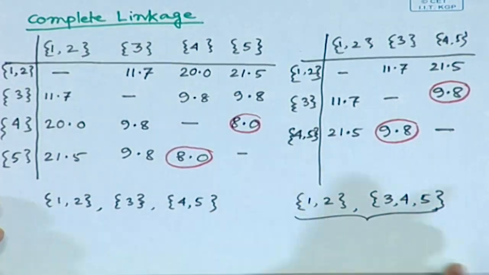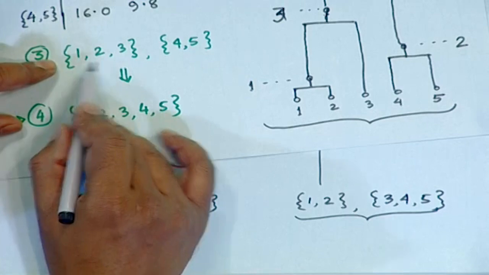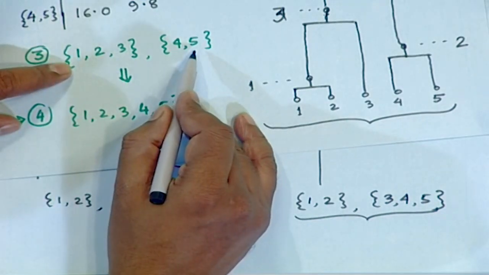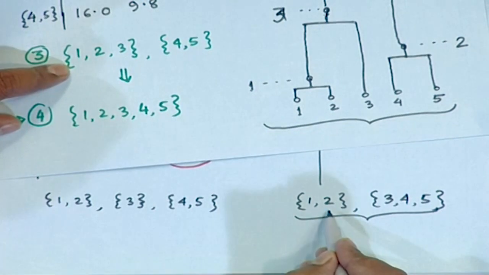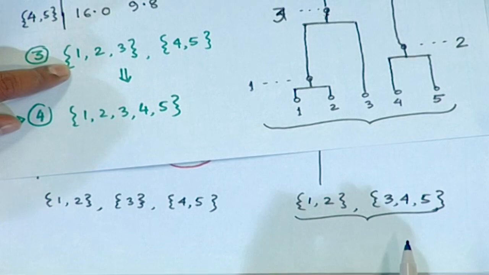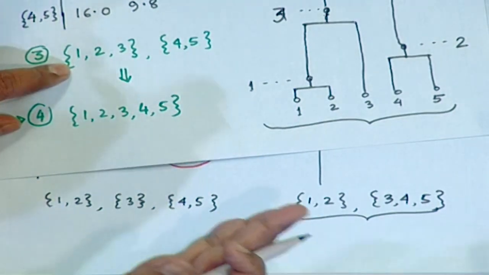So, here you find that there is a difference between what we got using the single linkage algorithm, because in single linkage algorithm we had 1, 2 and 3 in one cluster, then 4, 5 in another cluster. Here we have got 1 and 2 in one cluster and 3, 4, 5 in another cluster. Okay. So, up to step 2 we had the same result, but in step 3 onwards our results are different.